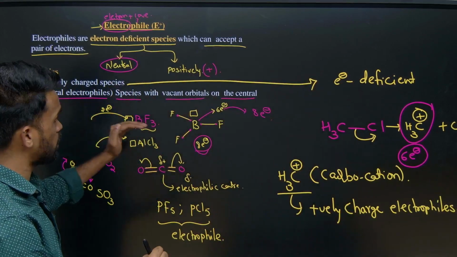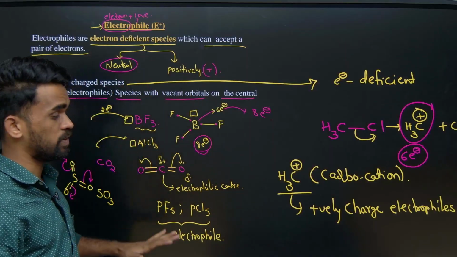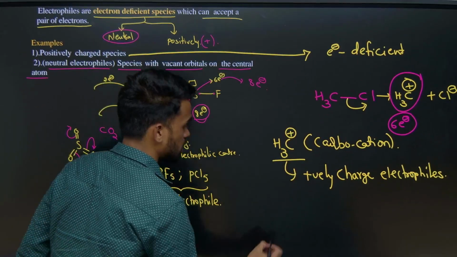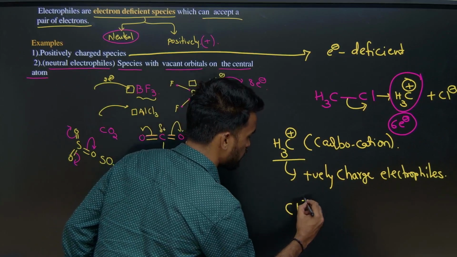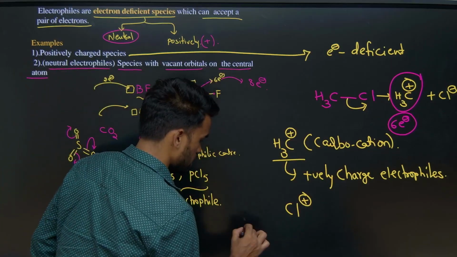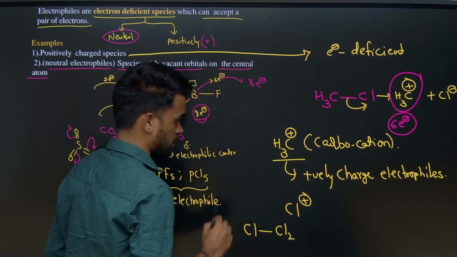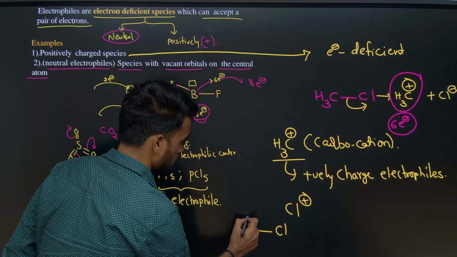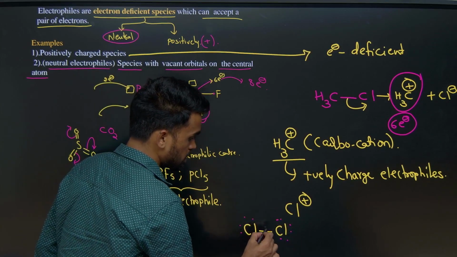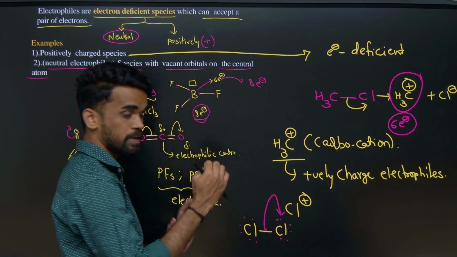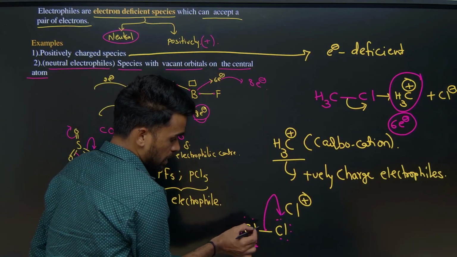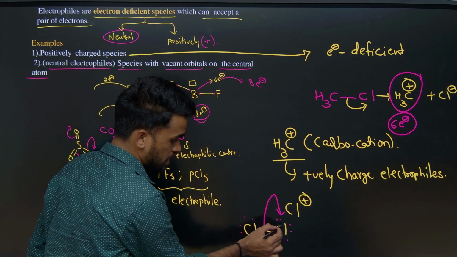So how can we identify positively charged and neutral electrophiles? You can give a few more examples. Now tell me about halogens with positive charge, for example chlorine with positive charge, whether it is an electrophile or not. If I write the Cl2 molecule like this, with dots representing lone pair electrons, let us consider this bond is completely polarized towards one chlorine atom. One chlorine atom loses the bonded electrons, and the other gains the 2 electrons.